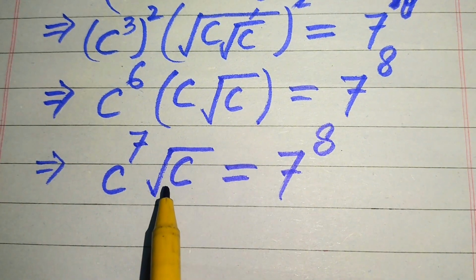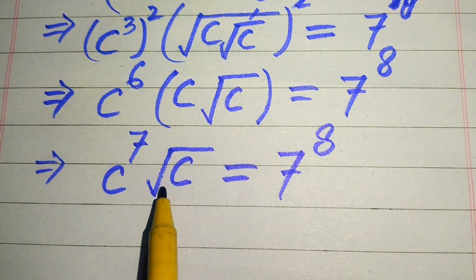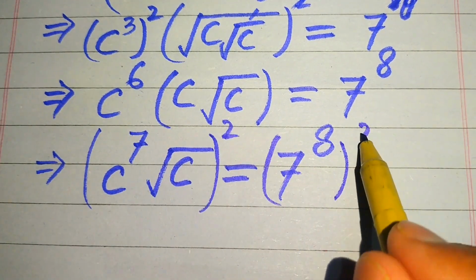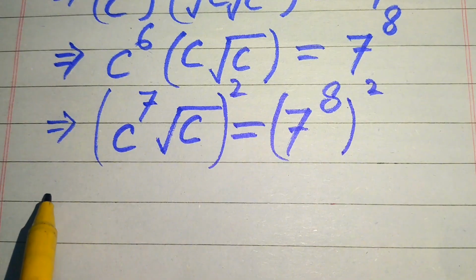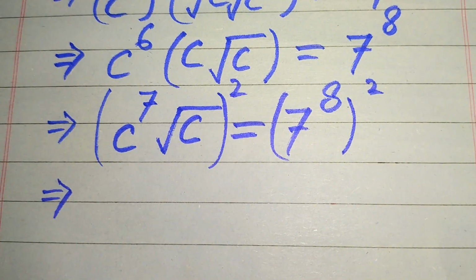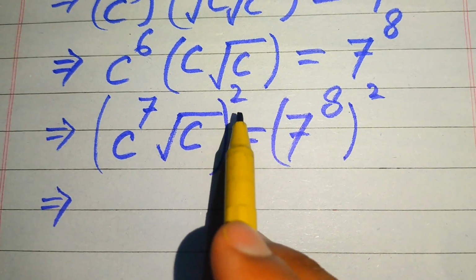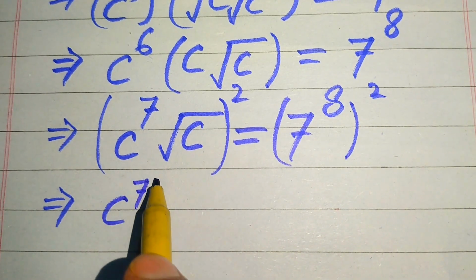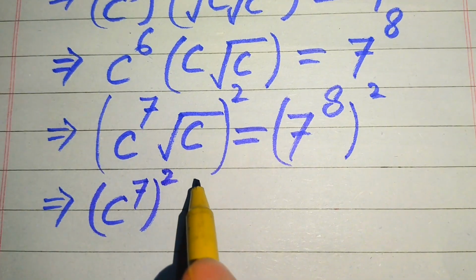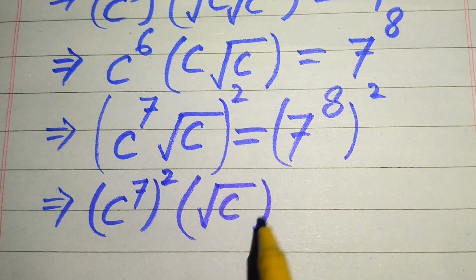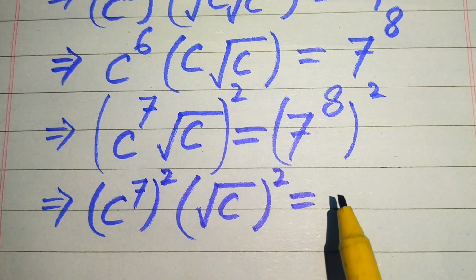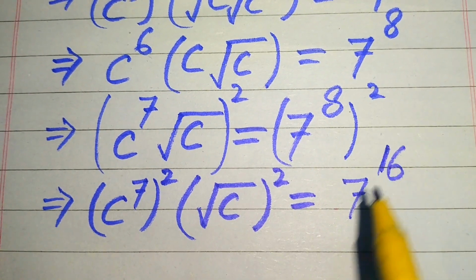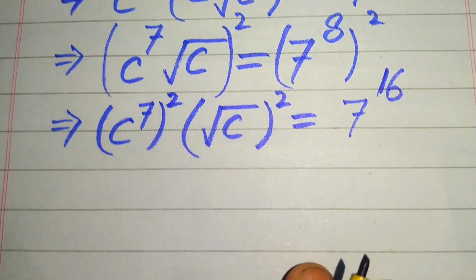And now we are left with only one square root sign, so we again take squaring on both of the sides. Here we again break this square sign and apply it on both of these two values, and we get c to the power of 7 and its whole square into the square root of c and its whole square is equal to, this is 8 times 2 becomes 16, and we get 7 to the power of 16.